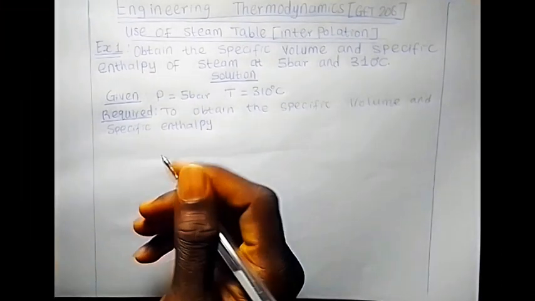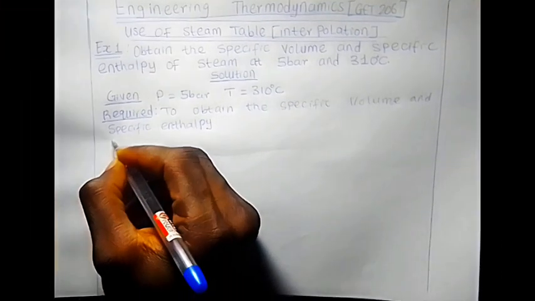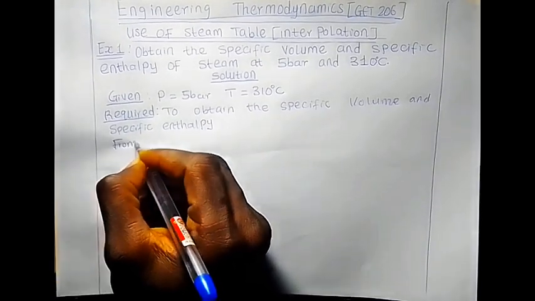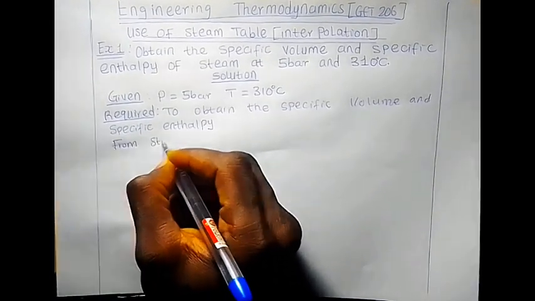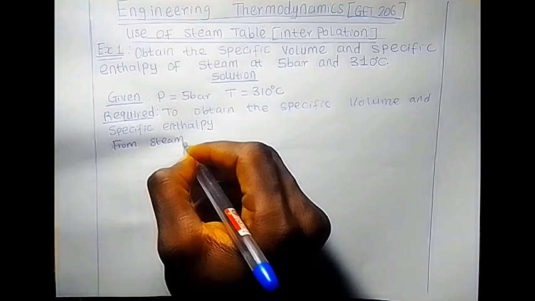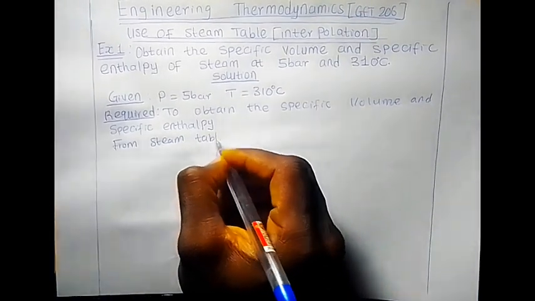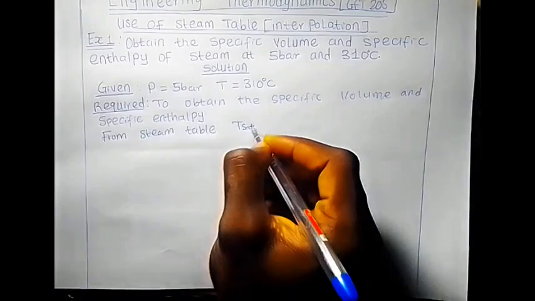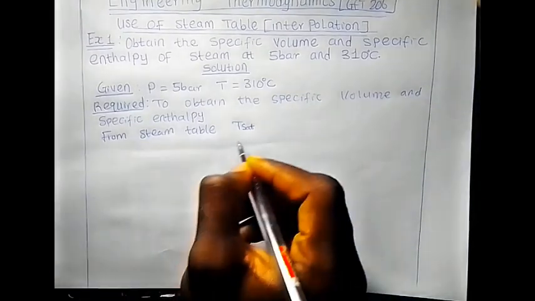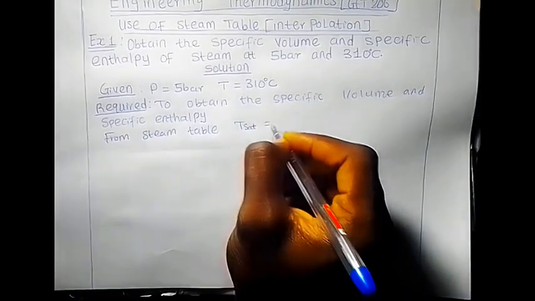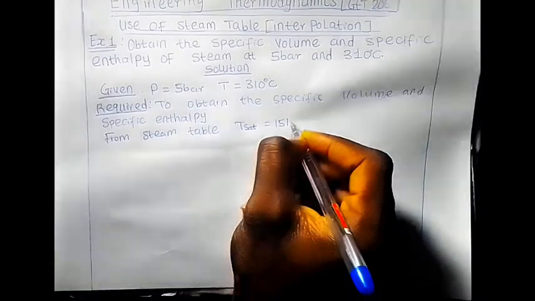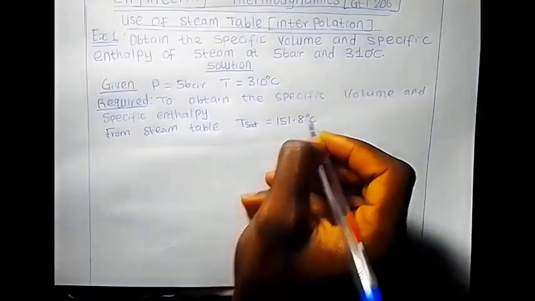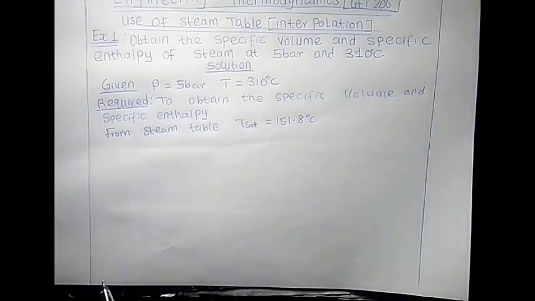After having picked out the value, you should get that from the steam table: T subscript SAT equal to 151.8 degrees Celsius. So this is the temperature we get out from our steam table.